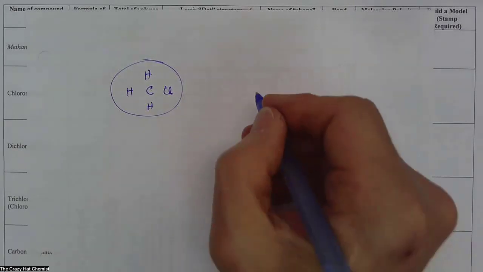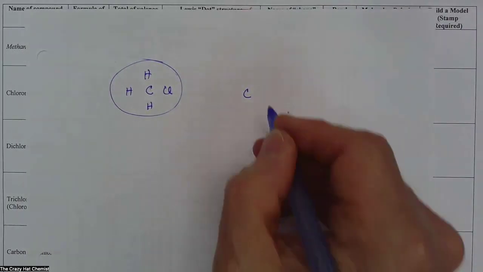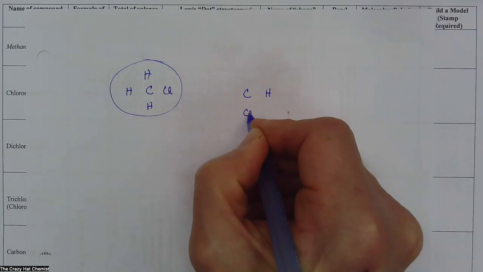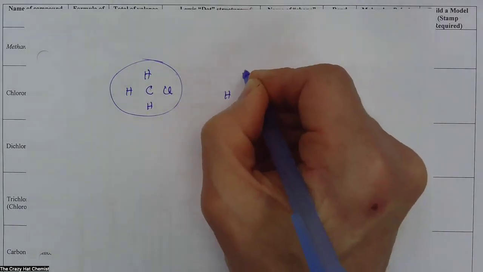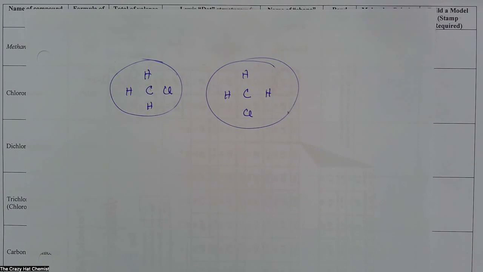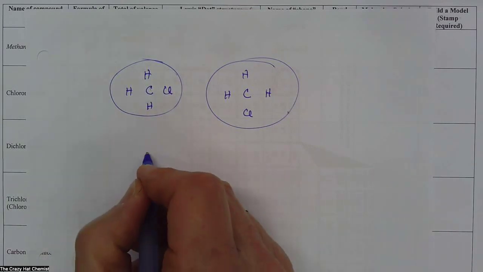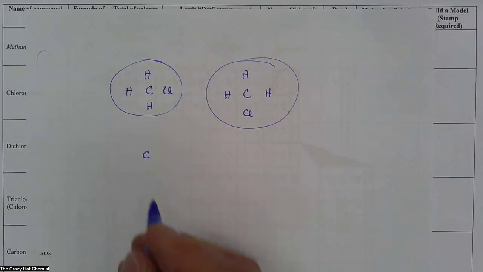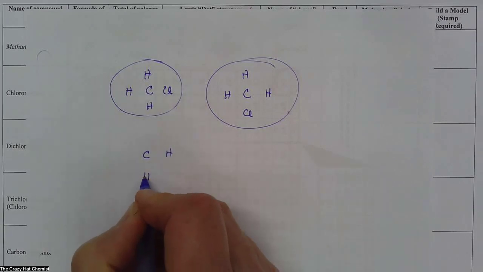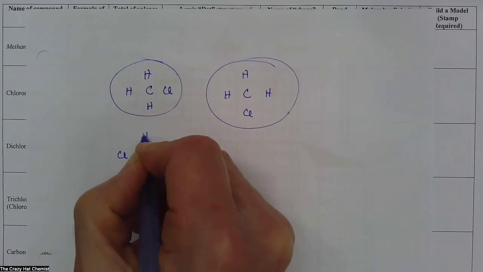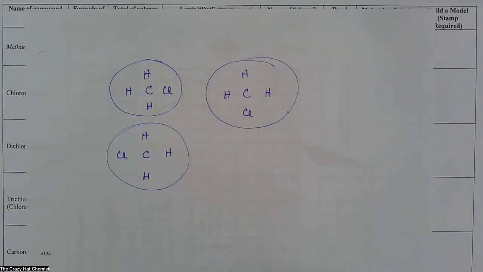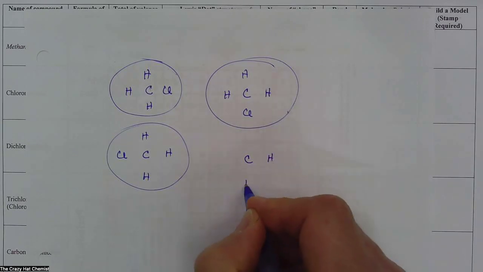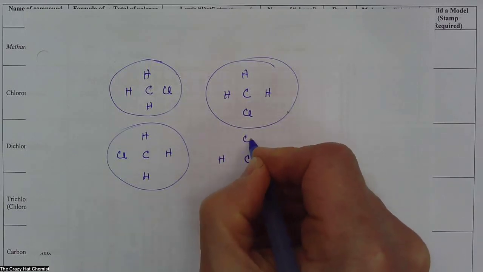This is one possibility. What's another possibility? We had our central carbon. I could have put the hydrogen here, the chlorine here, the next hydrogen, and the next hydrogen. That is an equally representative sample. I could have also had a carbon, hydrogen, hydrogen, chlorine, and then the hydrogen. That is also equivalent. I could have one more, and that is a carbon in the middle, hydrogen, hydrogen, hydrogen, and a chlorine.